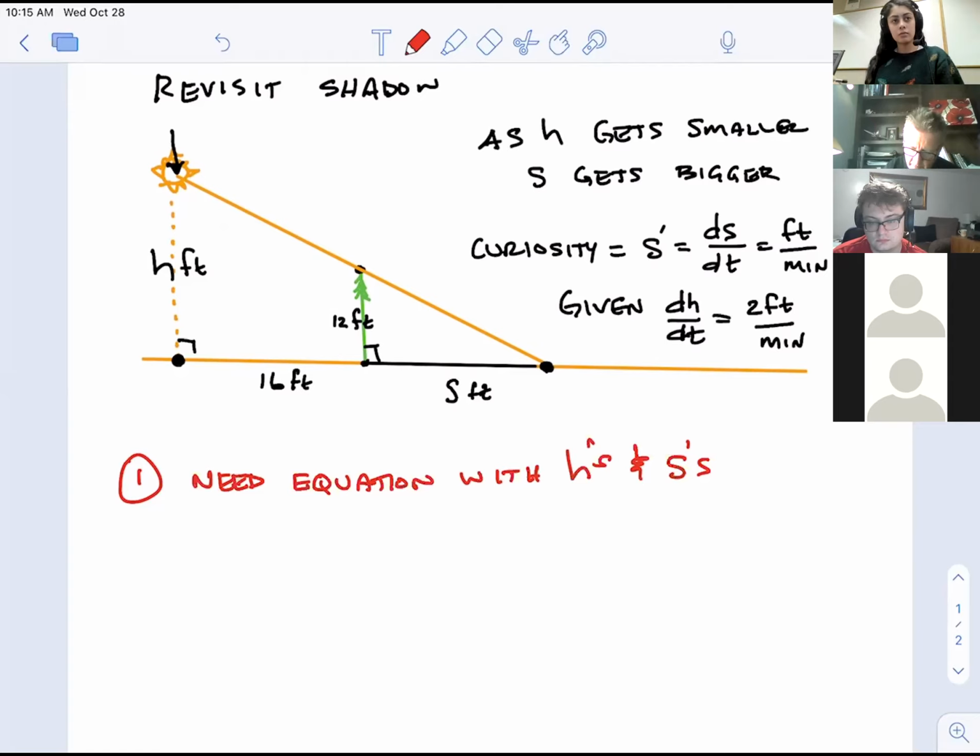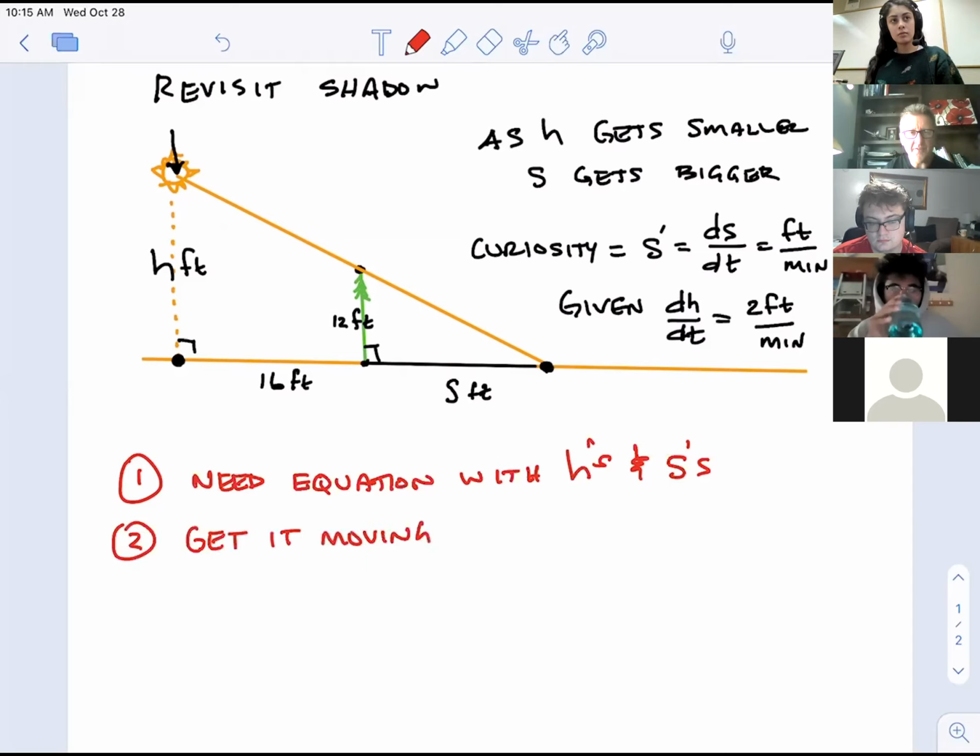And then the second thing we want to do is, well, get it moving. Because I don't care about s and h. I didn't say, I wonder how high in the sky the sun is and how long my shadow would be. I wasn't curious, if you will, about how long h is and how long s is. I was curious about their speeds.